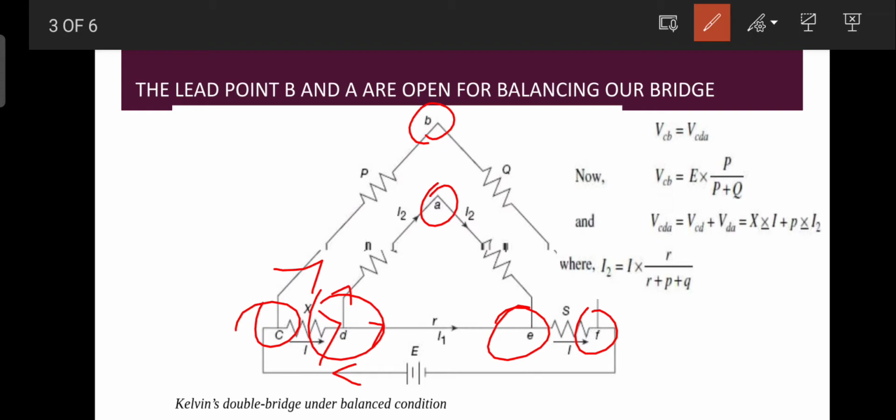Before going to that calculation, first we have to balance, that is VCV. Wait, let me erase.